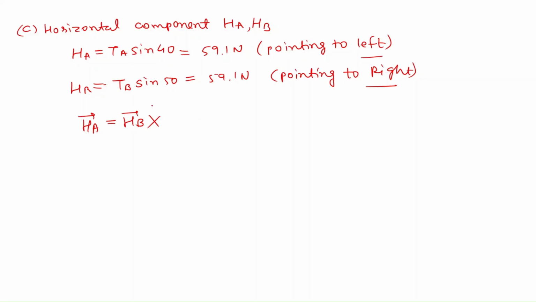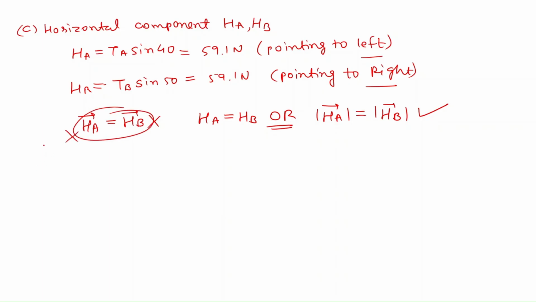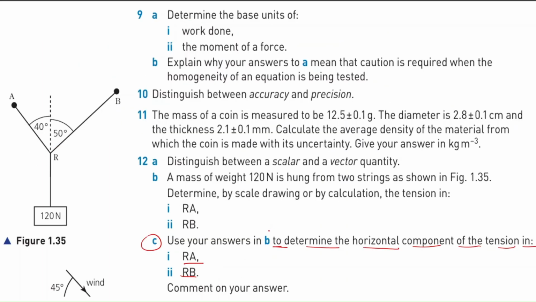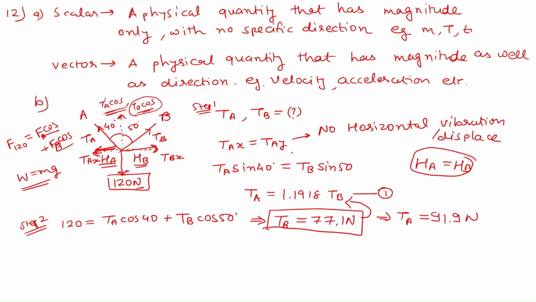But instead, you can write that the magnitude of HA and the magnitude of HB are the same. That is right, but it is completely wrong to comment on your answer that way. As we know, this is in equilibrium. The horizontal components are the same, but the direction is opposite.